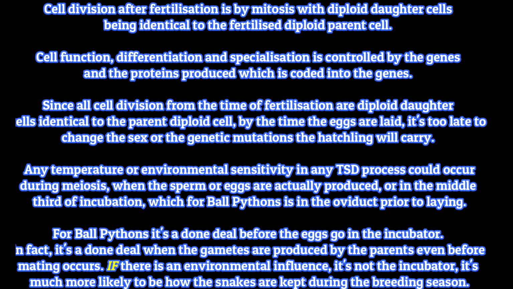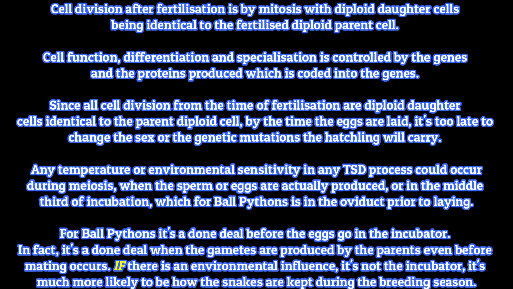So, based on what we've learned so far, cell division after fertilization is by mitosis, and all the diploid daughter cells are identical to the fertilized diploid parent cell, which of course includes the XY chromosome. Fertilization is the time that both sex and the genotype of our ball pythons is determined.